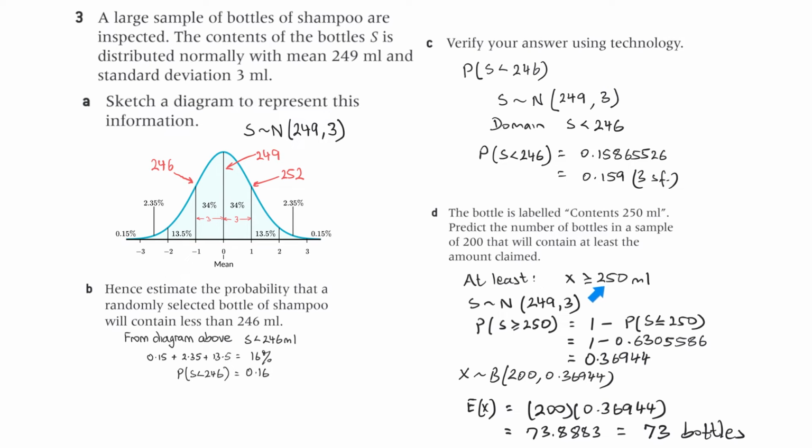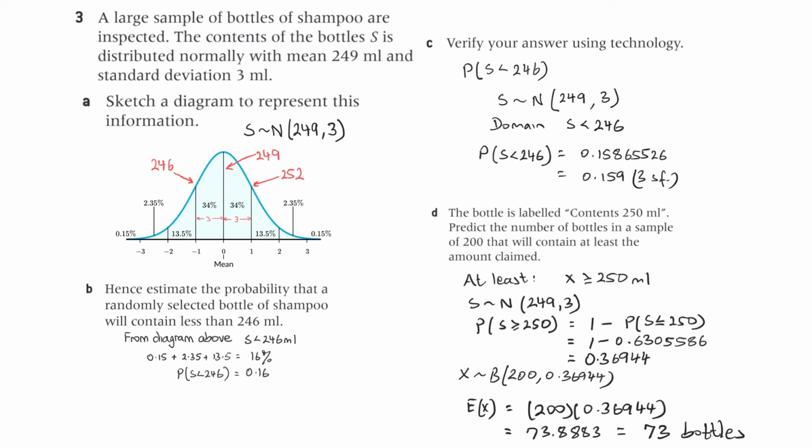Because we're interested in 250 and above, remember the calculator always measures from the left-hand side, so it'll give us the area from the left up to 250, which is just above the mean. Once we get that value, we've got to do 1 minus that value, because we're not interested in the left of 250, we're interested in the right side, above 250. So that's why I've written S greater than or equal to 250 is 1 minus S less than or equal to 250, and that became 0.36944.